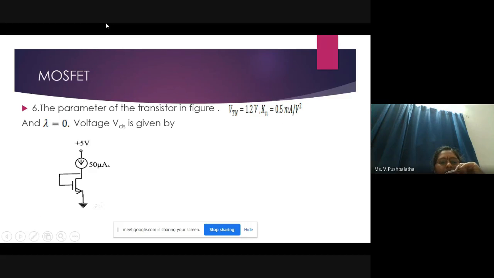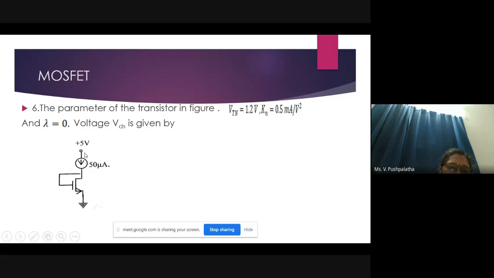This is also based on the MOSFET. Okay, the parameter of the transistor in figure, right? So the transistor is given. You kindly observe the transistor, right? So actually, I had given the supply voltage as 5 volt, right? So this is a drain, gate, and source. N channel MOSFET, drain, gate, and source.